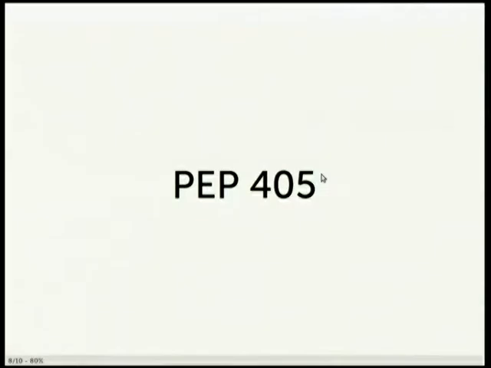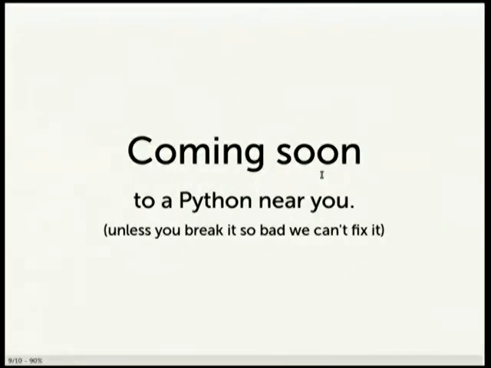But there's a lot of edge cases we haven't had a chance to test yet or don't have the right setup for testing. So if you can download the reference implementation and try installing things in it and let us know what breaks, that would help us. It's PEP 405. I'm sure you can find that in your favorite search engine. And we hope it'll be coming soon to a Python near you. Thank you.